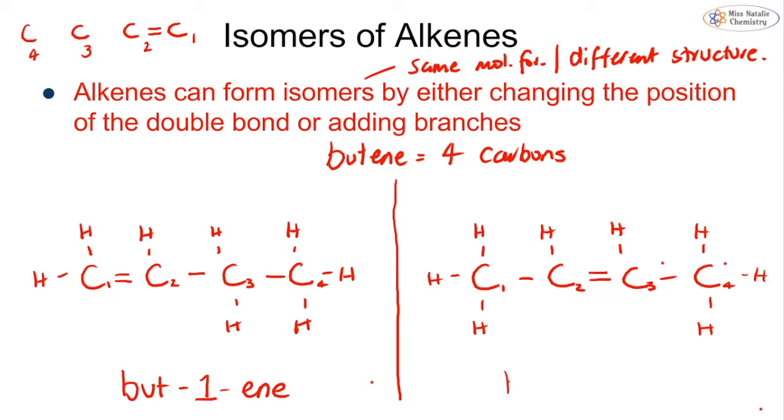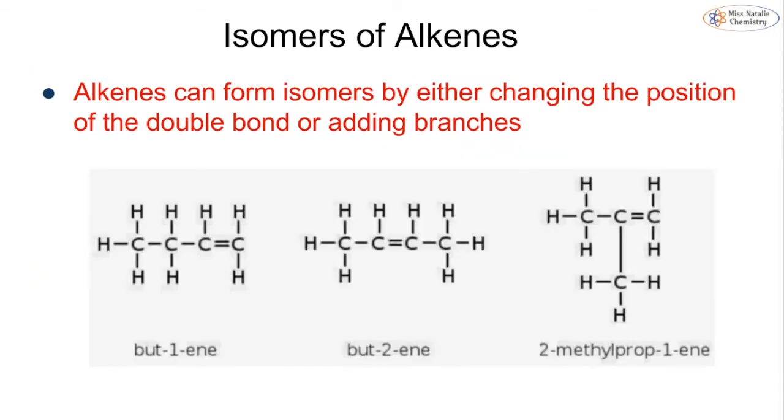And this one then becomes but-2-ene, telling me that my double bond is between carbons 2 and 3. And we can show that in our structural formulas and our displayed formulas.